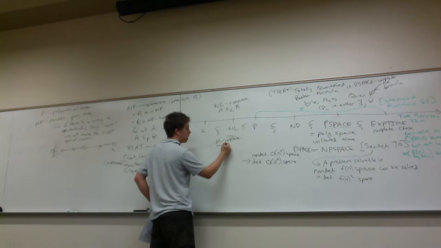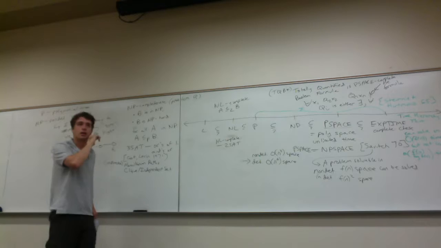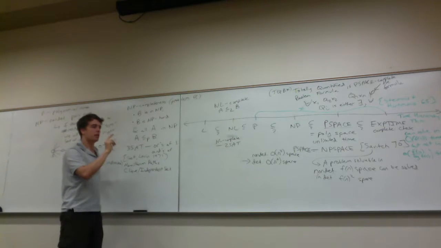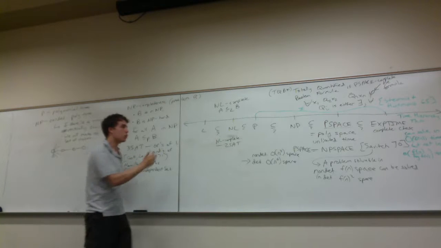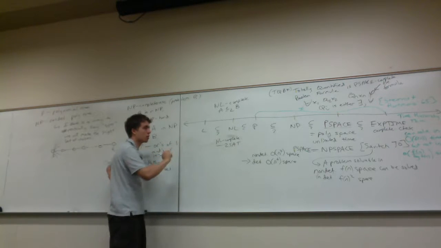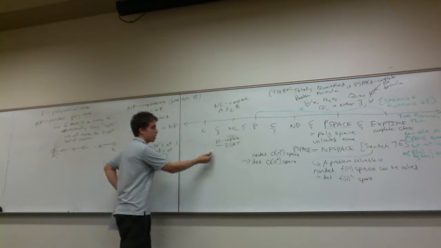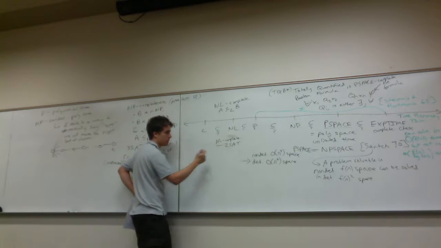Some of them are 2-SAT: this 2CNF formula with 2 or fewer literals per clause. Now I want to figure out whether the formula is satisfiable or not. That turns out to be an NL complete problem. So it's below P, and it is NL complete.